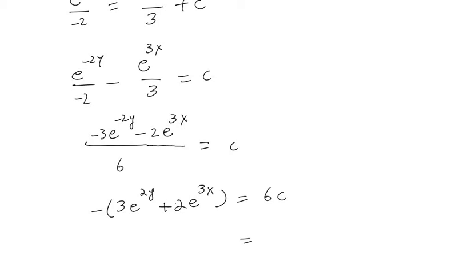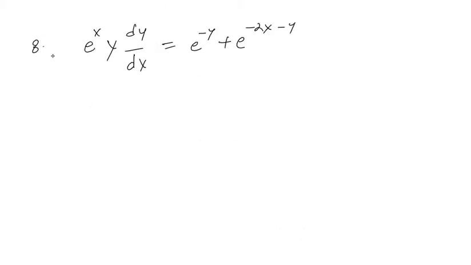You can move this minus on this side, you will have minus 6c, and eventually you can write this whole thing as minus 6c, that is c1, and on this side you will have 3 e raised to power minus 2y plus 2 e raised to power 3x, and this is your solution.